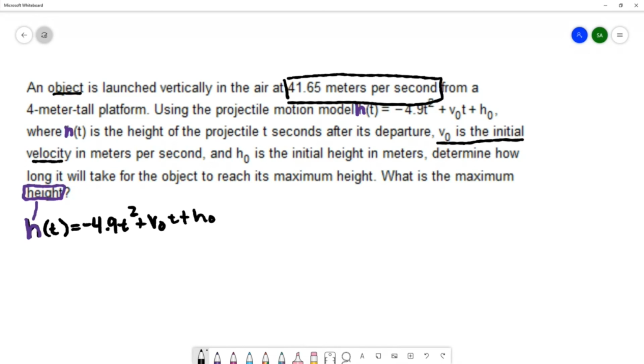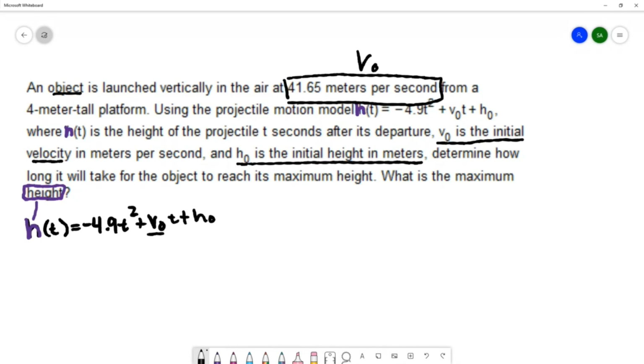That is the velocity. That is our v naught. So we're going to substitute that value in for the v naught here. And then it mentions here that h naught is the initial height in meters.